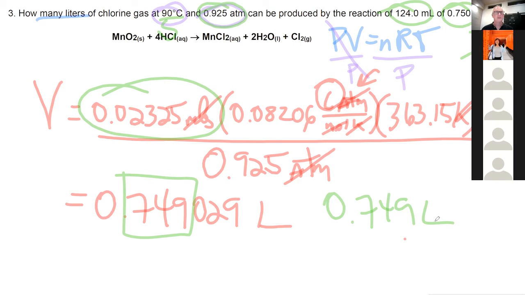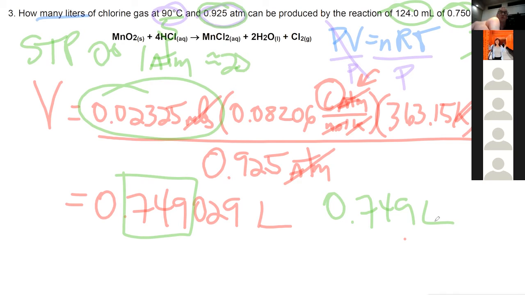Maybe you don't remember this. So remember at STP for gases, standard temperature and pressure, the standard temperature is 0 degrees C and standard pressure is 1 atmosphere. And at those conditions, 1 mole of gas takes up about 22.4 liters. So what you can do is take the number of moles you have and just multiply it by 22.4 liters.